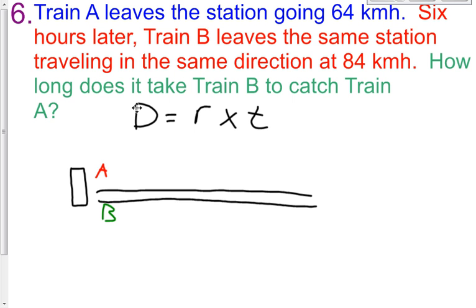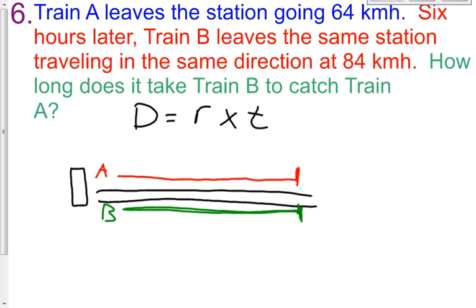A leaves earlier, and it's traveling at 64 kilometers per hour, and let's just say it ends up right here. Okay? And now, 6 hours later, train B leaves, and it's going faster. It's going 84, so it's going at a faster clip. How long will it take train B to travel this distance until it catches up to train A?